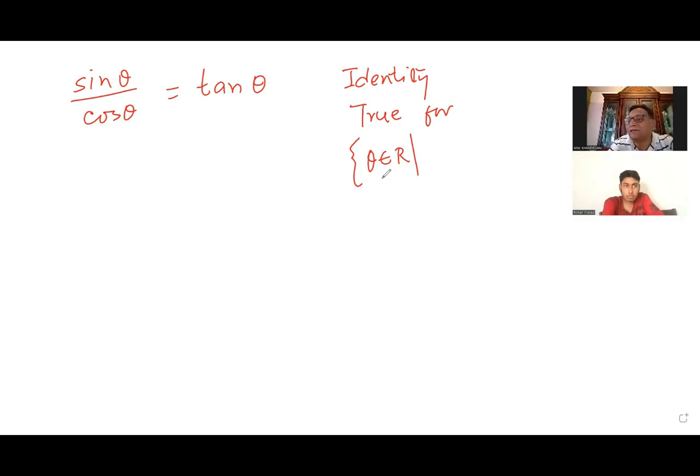Cos of 90, cos of 270, all odd multiples of 90, so theta is 2n plus 1 into 90 degrees. Because that will make cos theta 0. So that becomes a restriction in the domain, and this is a restriction of sine theta over cos theta. You cannot divide by 0. You get the idea?